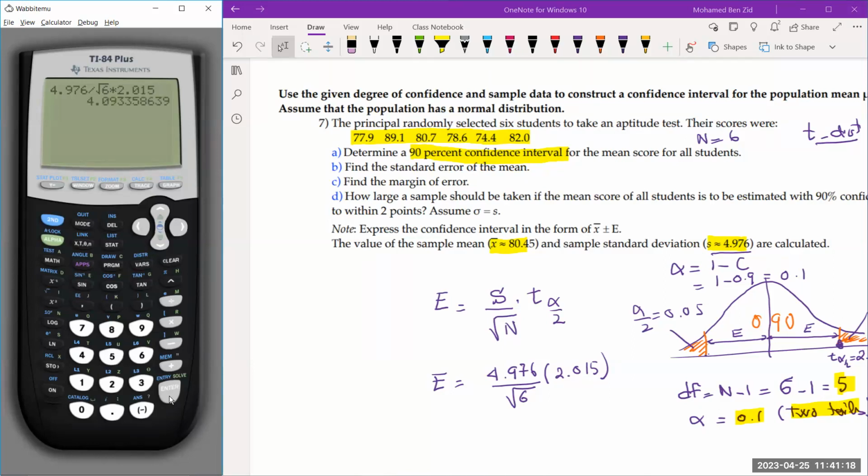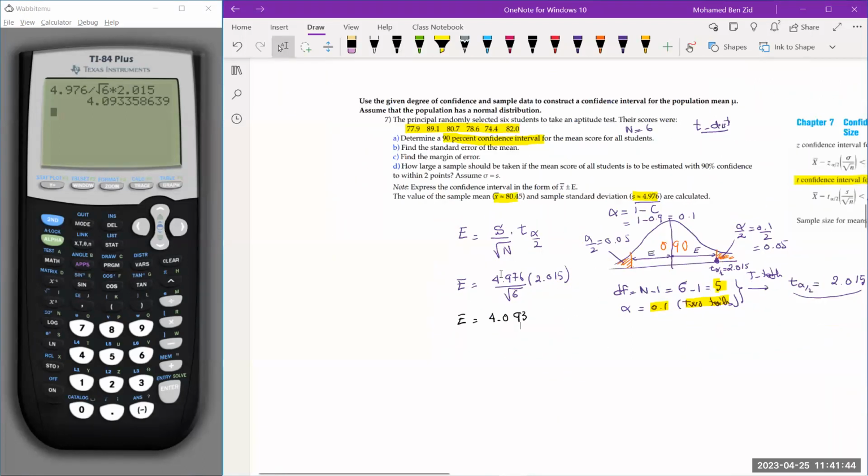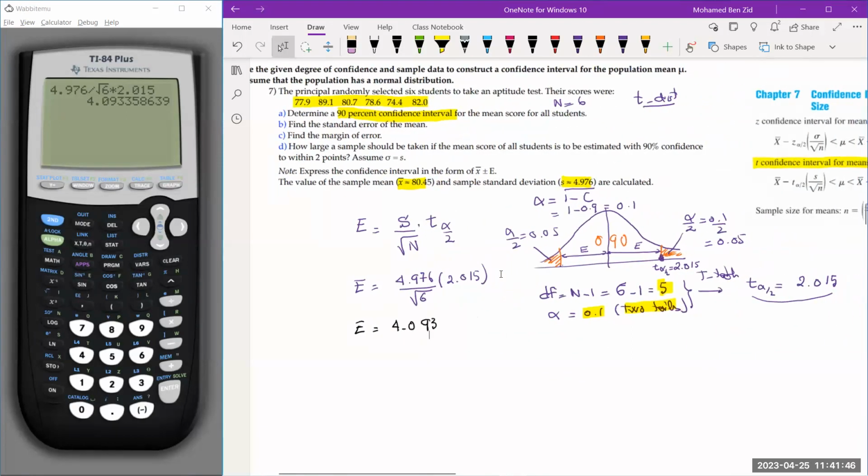Enter. So the value of the error is going to be 4.0934. Right, 4.093 is fine.